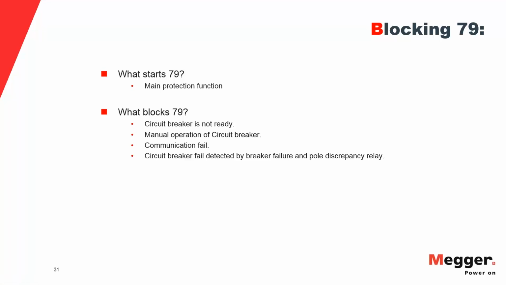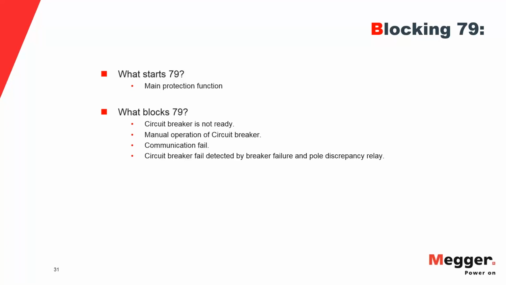So when you have a manual operation, or even sometimes a remote operation, again, depending on the philosophy of the utility that you're working for or with, you don't want the recloser to act when a manual operation of the circuit breaker was indicated. Because if you do a manual operation, it's because you want the recloser or the circuit breaker to remain open for as long as you want, and then you want to be the one who closes it.